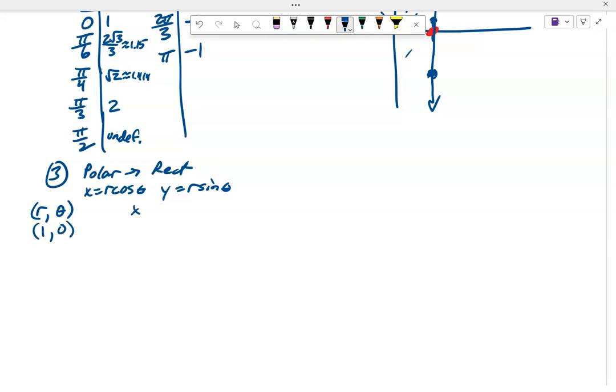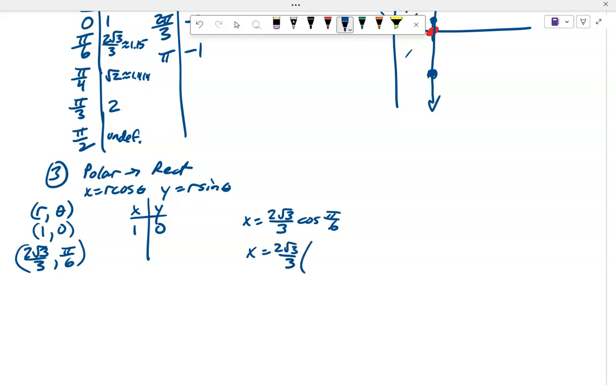What would the x, y be? So I'd plug that in. I'd get 1, 0. The next one was 2 root 3 over 3 and pi 6. So if I went x equals r cosine pi 6, I'd find the cosine of pi 6.